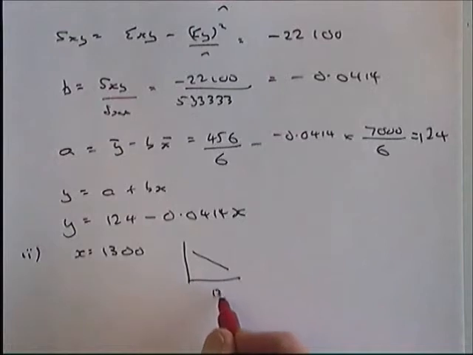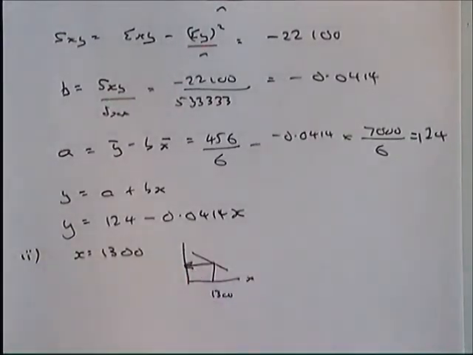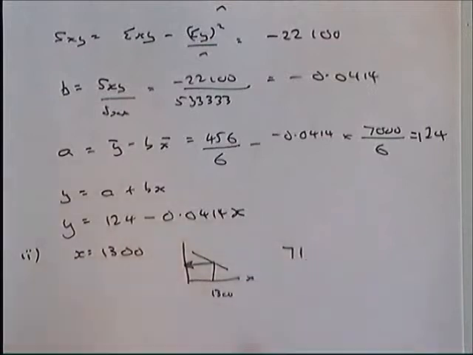You need to find the 1300 on the x-axis, go up and across to read off a value, and the value you get if you do this is about 71. So you need to make sure that your answer is 71, and that those values up the side are per thousand. So it's not 71,000, it really is just 71. I know it's tempting to think that, but it's 71 per thousand, so it's 71.